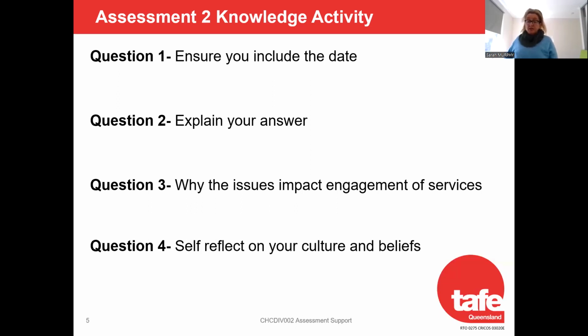So pick 2 of these and explain why these issues impact on the engagement of Aboriginal and Torres Strait Islander people in community services and health systems. It's really important to read the question here and explain why the issues. Not so much what the issues are, you can explain that a little bit, but actually why these issues impact the engagement of services.